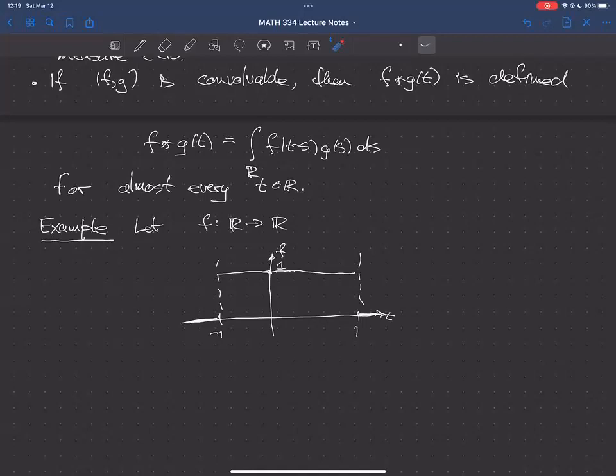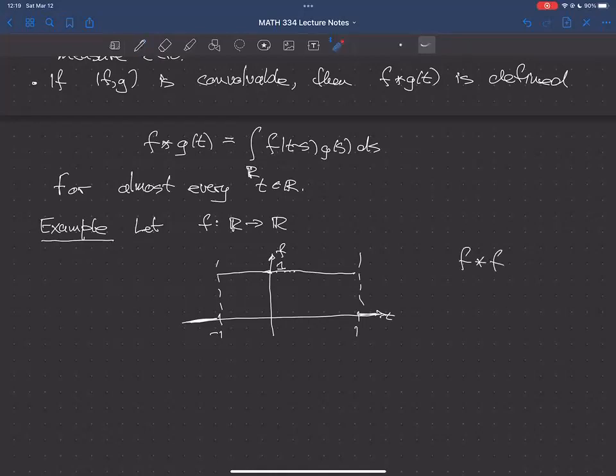But nonetheless, for a fixed s, well, let's maybe take t equals 0. So sorry, I'm interested in calculating, I didn't say this, the convolution of f with itself.